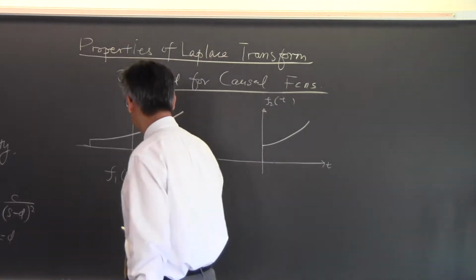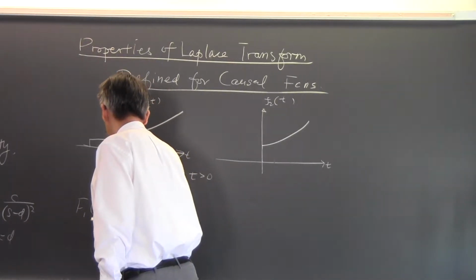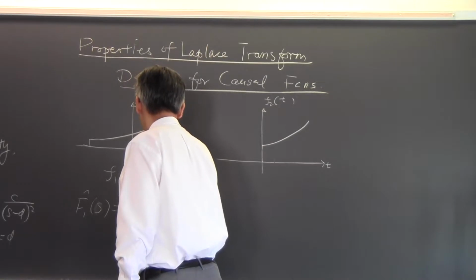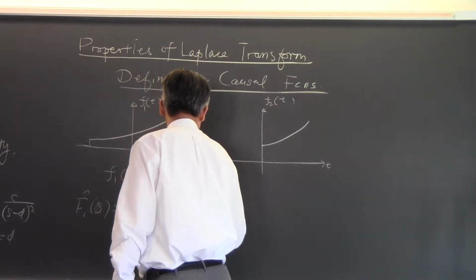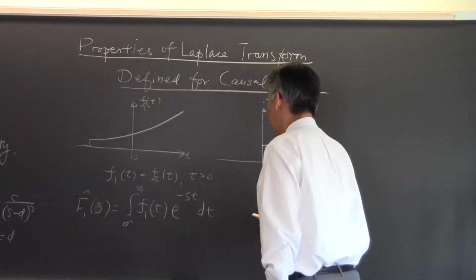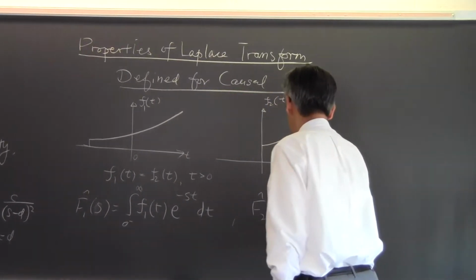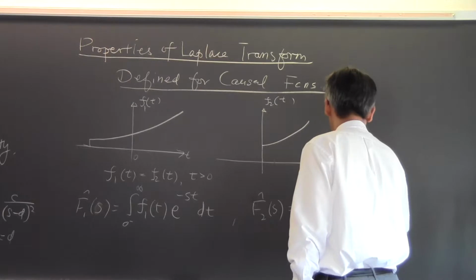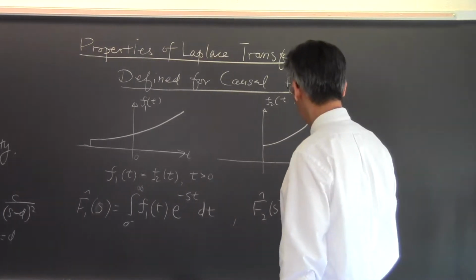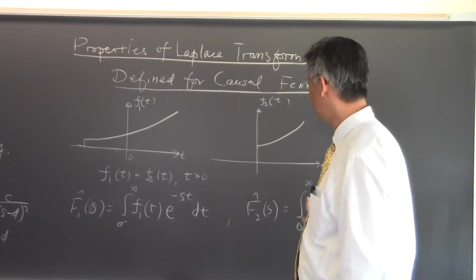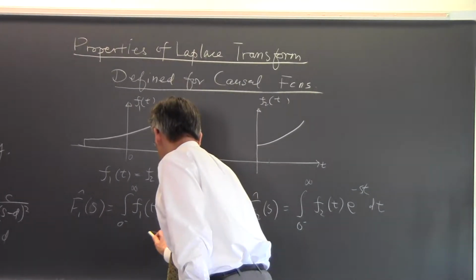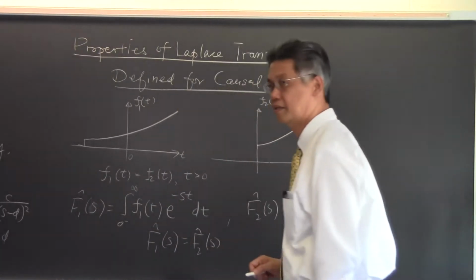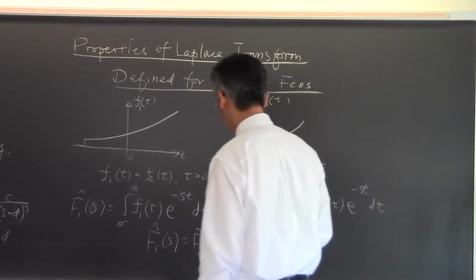Because the Laplace transform is always defined as f1 hat of s equal to the integral from 0 minus to infinity of f1 of t e to the minus st dt, and f2 hat of s is defined as the integral from 0 minus to infinity of f2 of t e to the minus st dt. These are the same integration, so f1 hat of s must equal f2 hat of s. Is this clear?